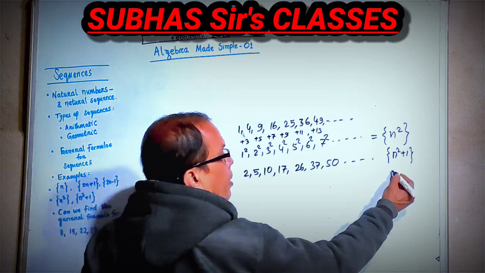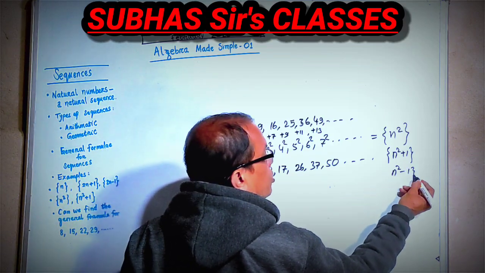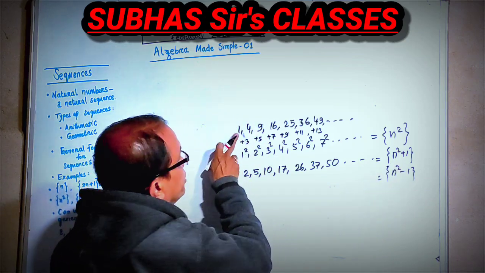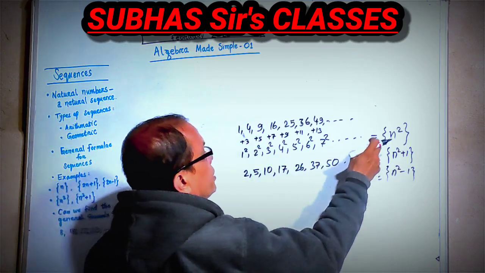Similarly, n square minus 1 will produce numbers which are less by 1 than the series n square.